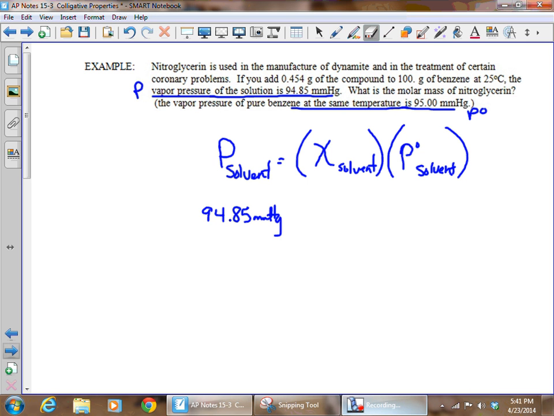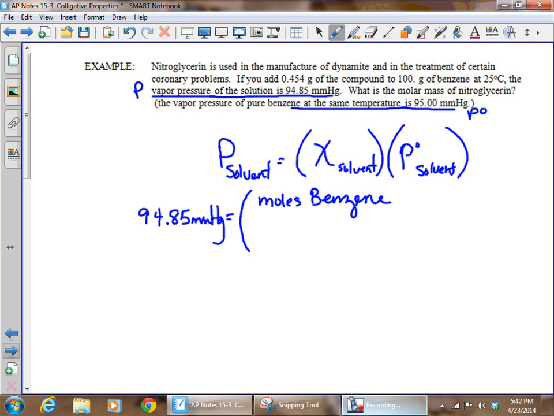I'm going to start this a little further over because I'm afraid I'm going to run out of room. 94.85 millimeters of mercury. Now the mole fraction of the solvent is going to be the moles of benzene divided by the moles of nitro, and I'm just going to abbreviate nitroglycerin as nitro, plus the moles of benzene.